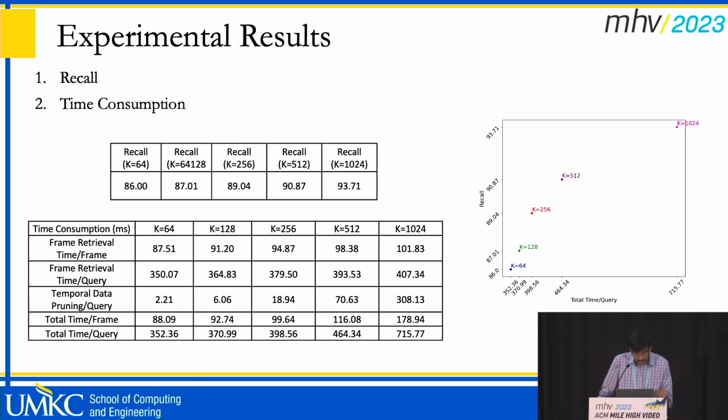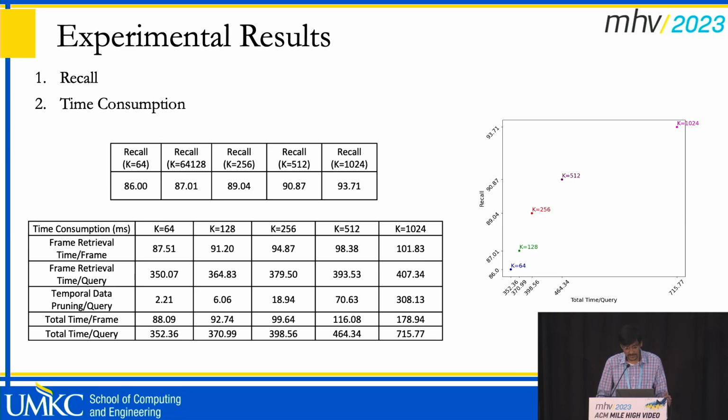In the table on the bottom, you can see the time consumption for different values of k and for different steps of the algorithm. In the top row, you can see the frame retrieval time per frame. Let's say we take k equal to 512, so it takes about 98 milliseconds.